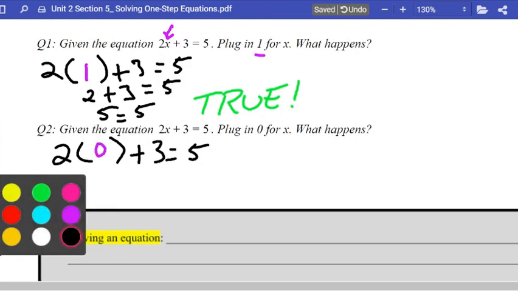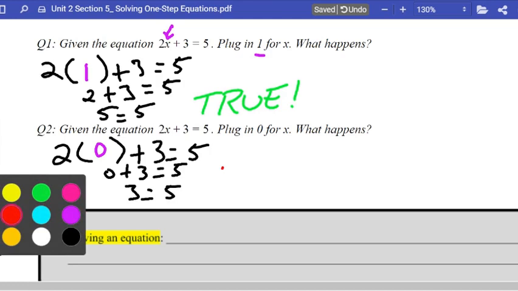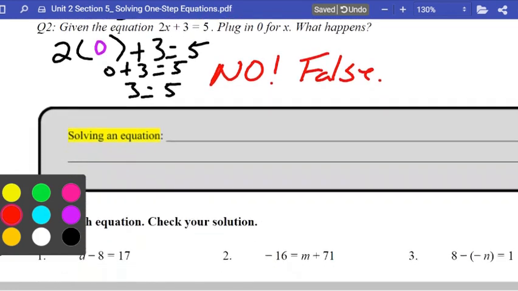And then when we do that math, we get 2 times 0 is 0, plus 3 is equal to 5, or 3 is equal to 5. And hopefully you're thinking what I'm thinking. No, false. All right. So that means that the 1 was a solution, the 0 was not.